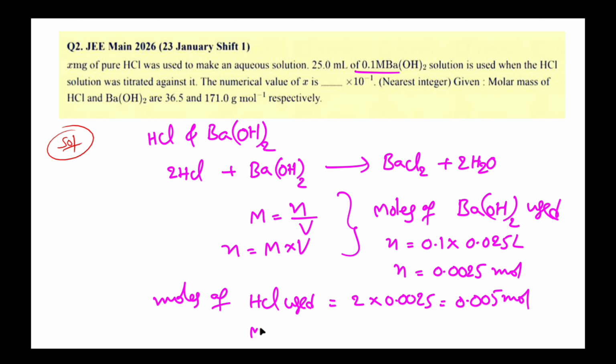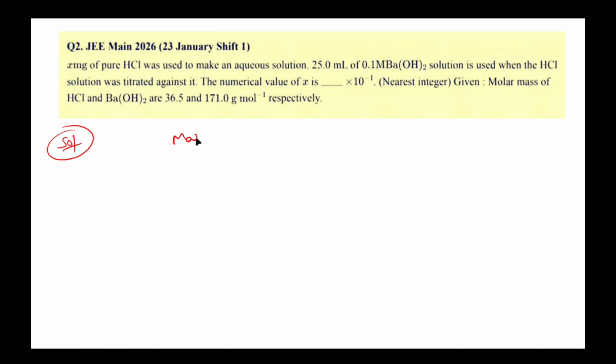We know very well mole is equal to mass by molecular weight. So from this, mass is equal to mole into molecular weight. So mass of HCl is equal to mole into molecular weight of HCl.